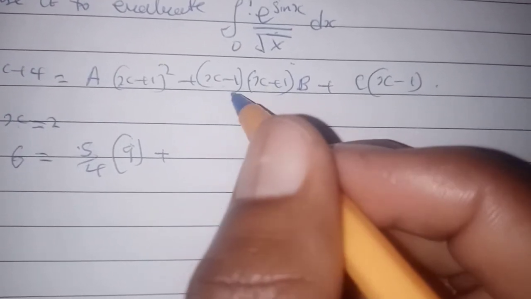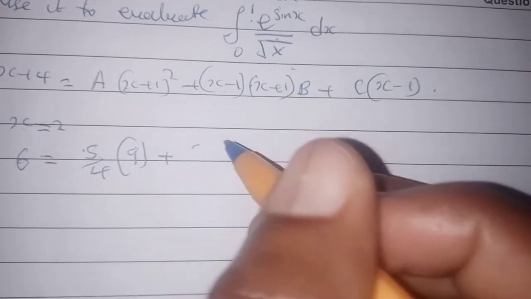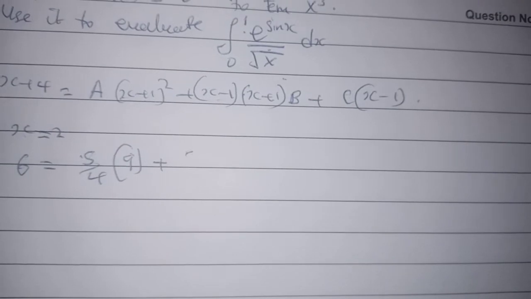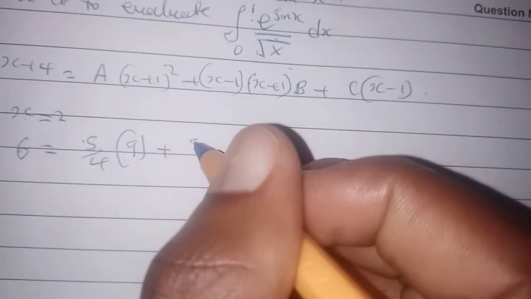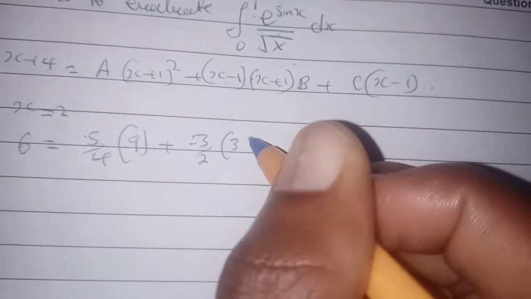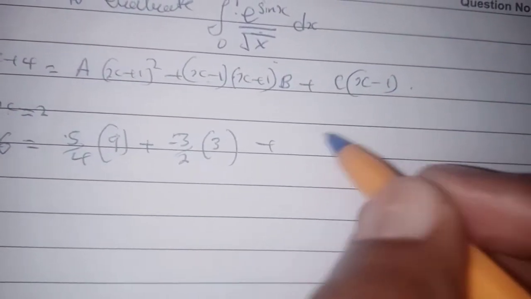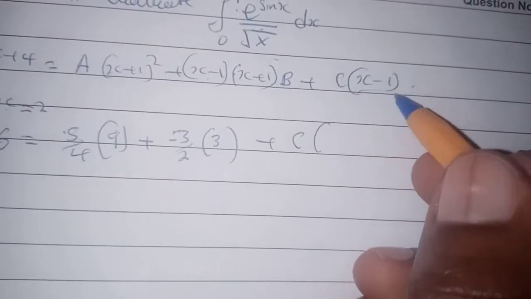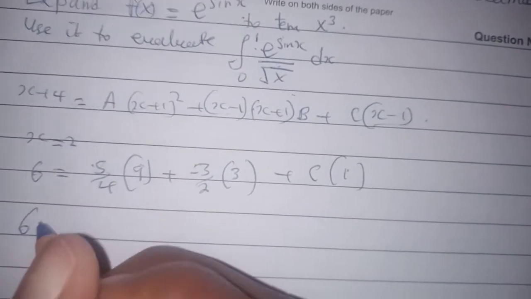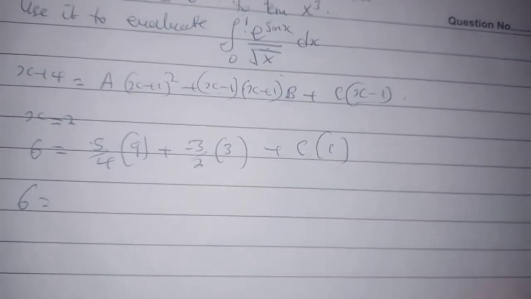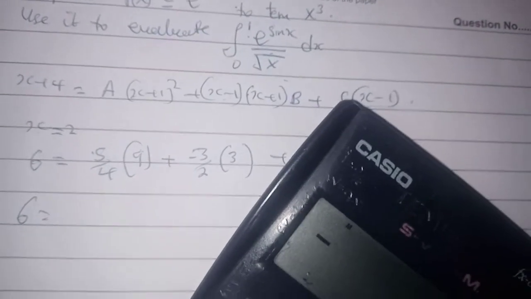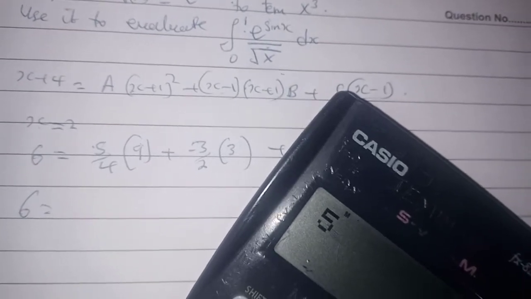Then our b was negative 3/2, multiplied by 3, plus our c times (2 minus 1), which is 1. So 6 equals... we can use our calculator now to evaluate that. So it will be just 5/4.